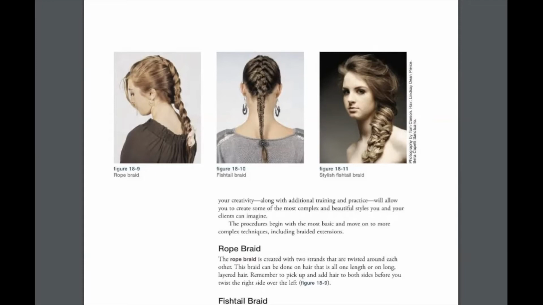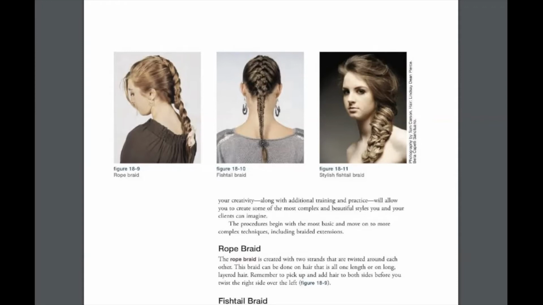Some people do 2 braids: section the hair a little bit so you have two separate sections, and you braid one individual braid here, another individual braid on the other side, and you wrap one in one direction and the other in the other direction, and you pin it together, and you can get a halo braid that way.